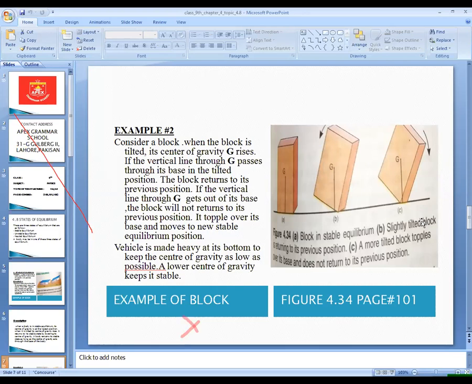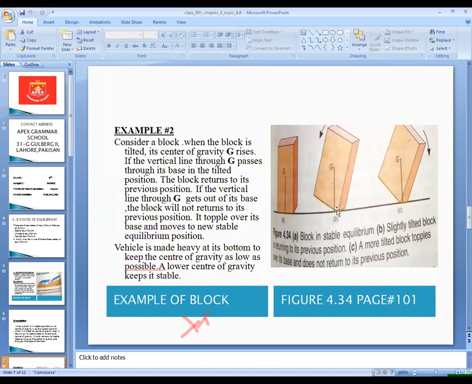I told you when I started my lecture, the body is either in stable, unstable, or neutral equilibrium. If we tilt it further, the body will fall over and never come back to its original position. This is called unstable equilibrium, as in figure C.